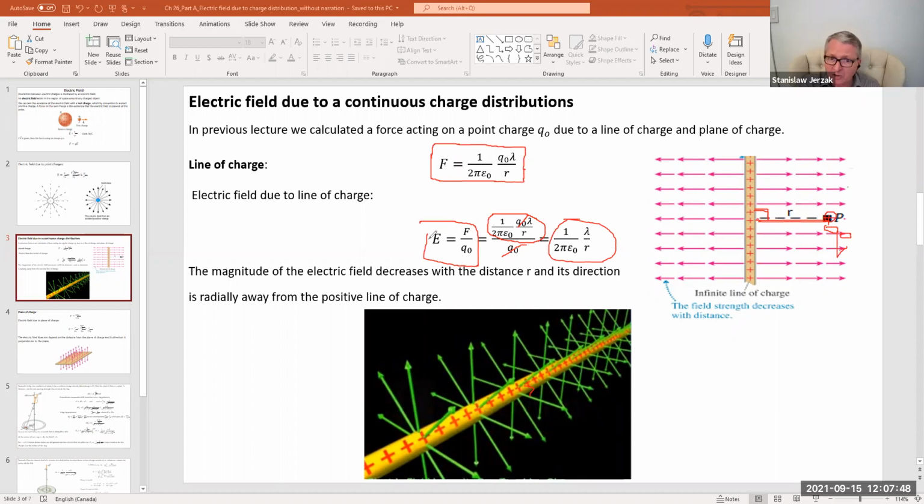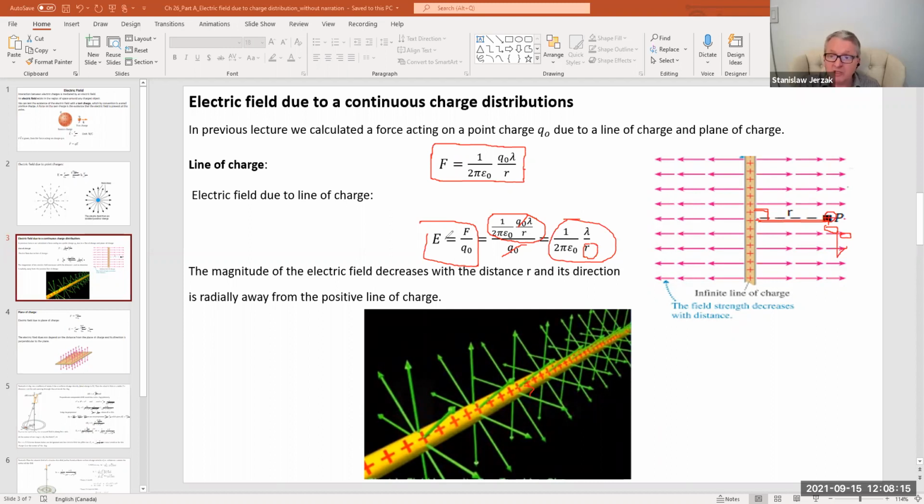And the magnitude of the electric field depends on r, not r squared, just 1/r. That's the dependence. The larger the distance from the wire, the smaller the electric field. Closer to the wire, the electric field is strong. Far away from the wire, the electric field would be smaller. But that is the expression to calculate the electric field due to a line of charge.